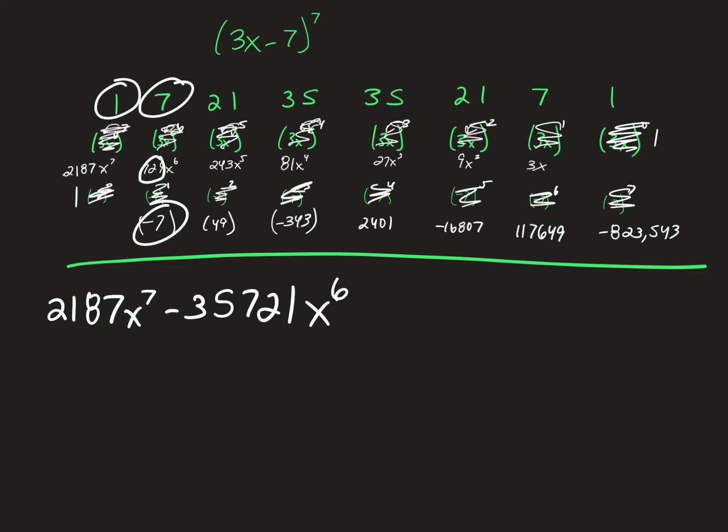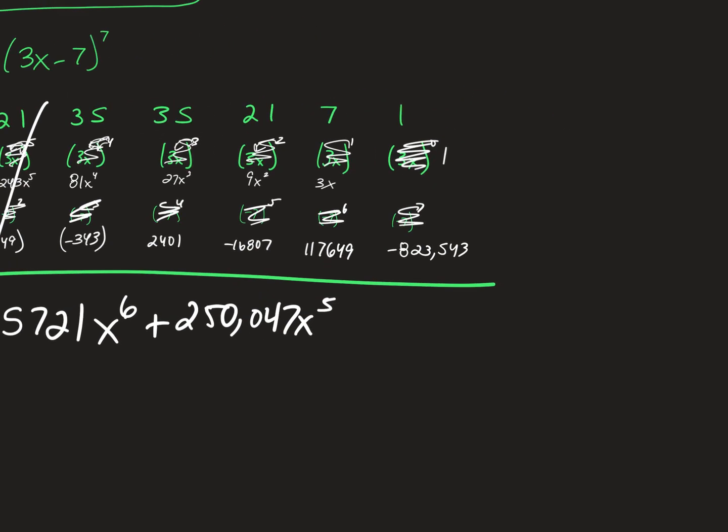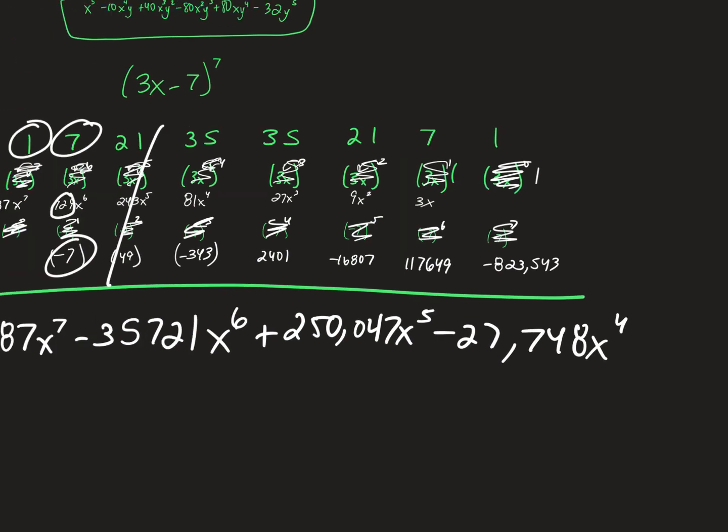So then 21 times 243 times 49. 250,047. So plus 250,047 x to the 5th, right? Okay, that one's done. So 35 now times 81 times negative 343. Negative 27,748. So negative 27,748 x to the 4th.